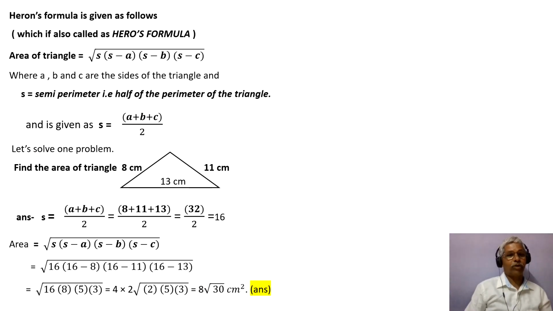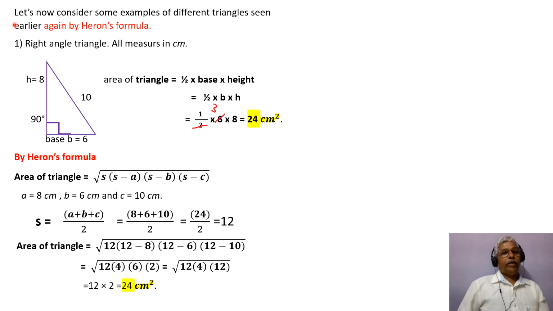Very simple. Let us now consider some examples of different triangles seen earlier, again by Heron's formula. Here we will be comparing the area found by our method and by Heron's formula. This was first, we have seen this.